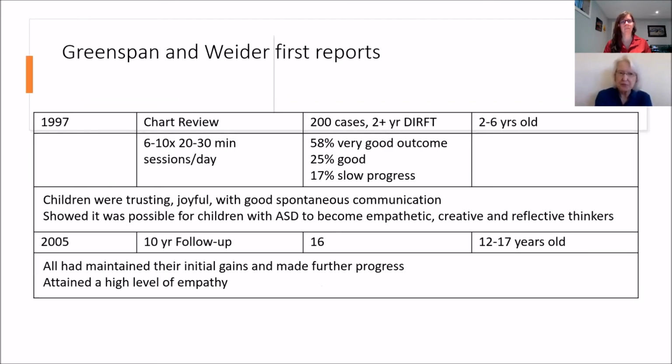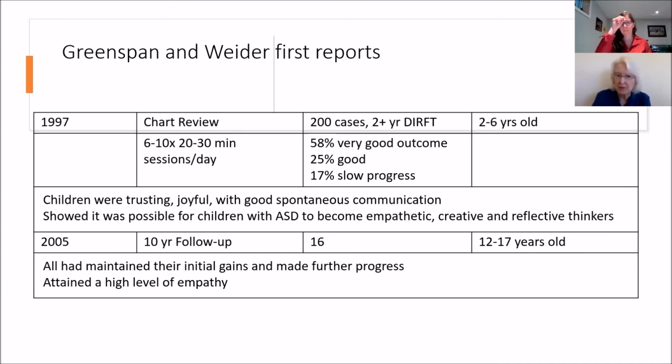So in terms of research for DIR, we always have to start at the very first reports, which were Greenspan and Wieder, first in 1997, had a case review. This isn't a standard research, it's just a report of over 200 cases of children who had received over 2 years of DIR, showing that they could become joyful and have spontaneous communication.